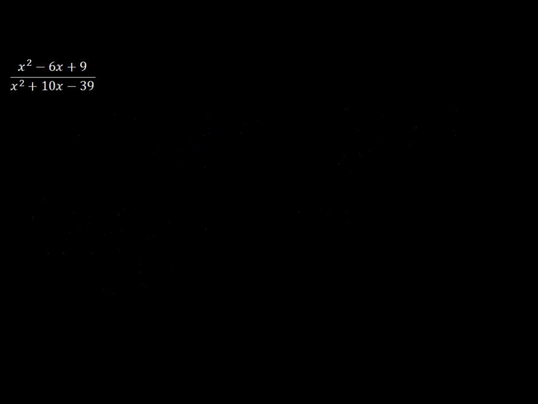Let's take another one. Now, this one's kind of fun because we have two polynomials divided by each other. And the first thing to do is try the little trick that I showed you before. Here we go. This is the trick that I showed you guys, and I'll take it from the beginning so that you see what's going on.